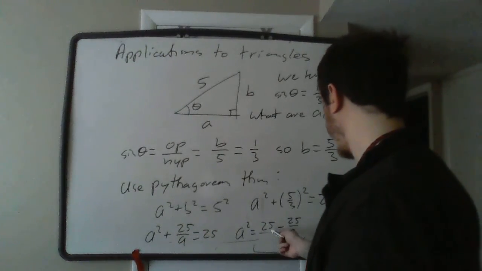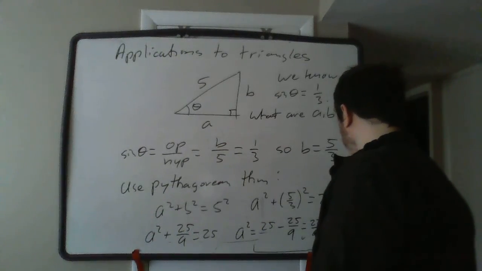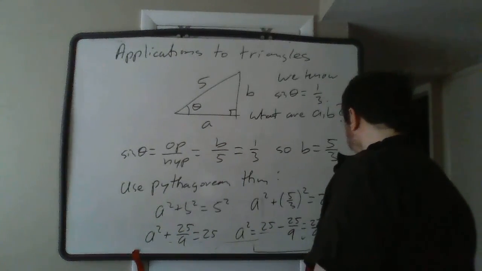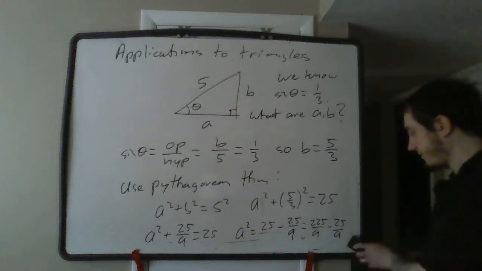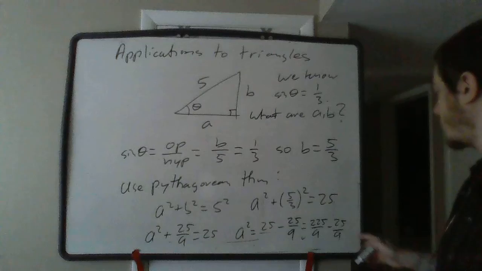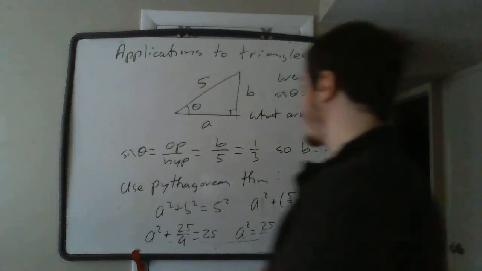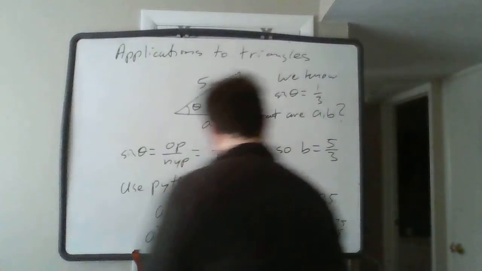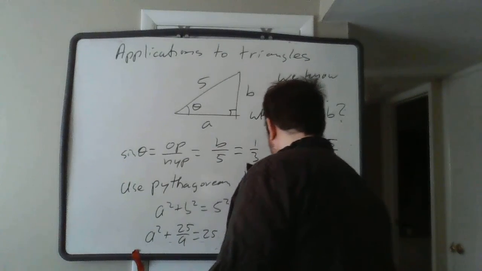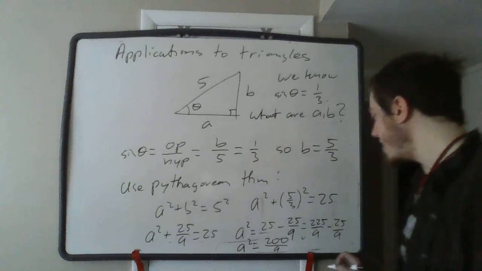So 25 would become 225 over 9 minus 25 over 9. Apologies for running so close to the end of the board. And so 225 over 9 minus 25 over 9 is going to become a squared equals 200 divided by 9.